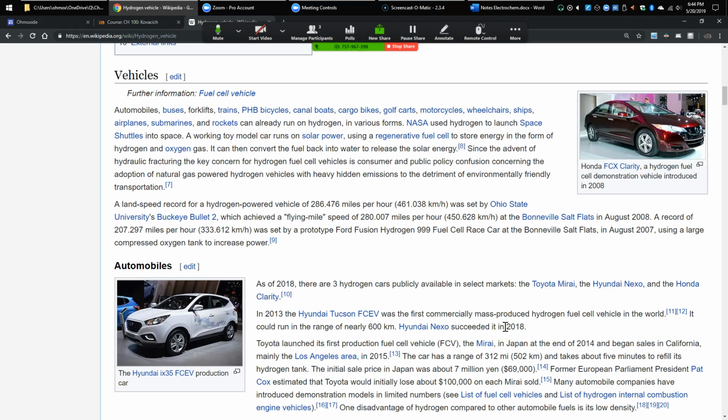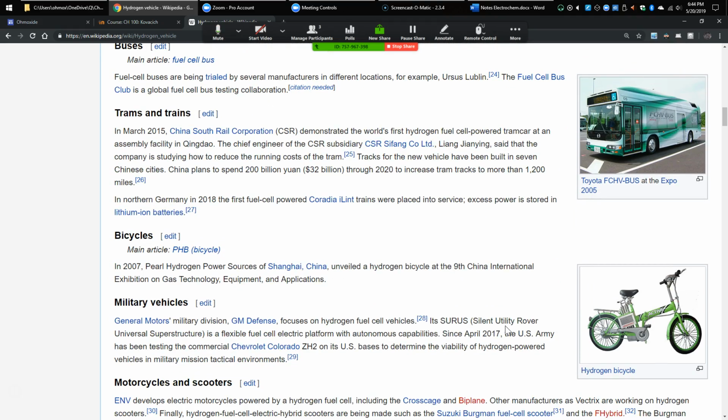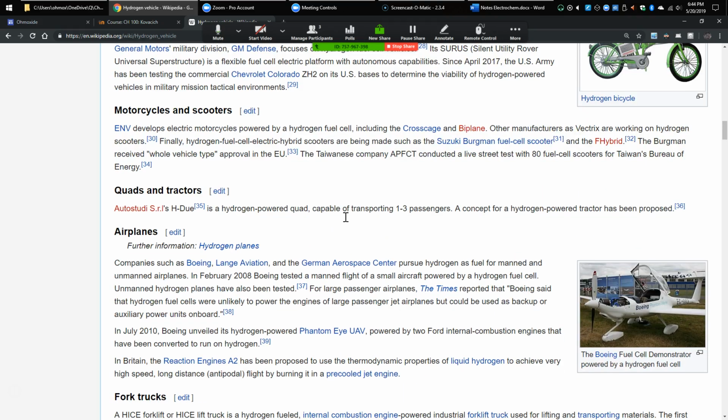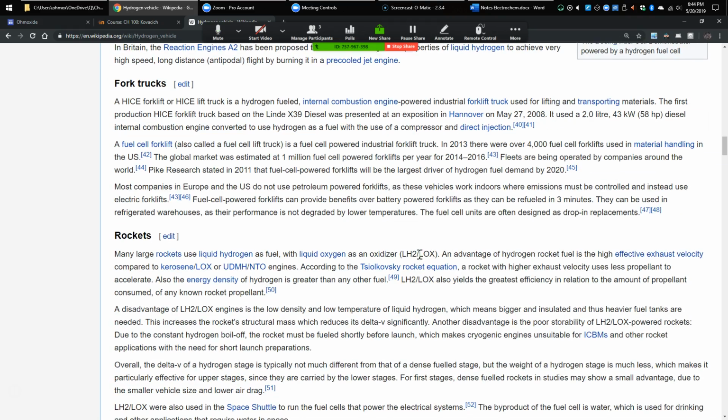Looks like Honda has one, Hyundai has one, Toyota made some buses. That's really funny, there's a hydrogen powered bicycle. Looks like GM has made some stuff for the military, and there's a Chevrolet Colorado that's hydrogen powered. That's interesting. Airplane, hydrogen powered. Okay.